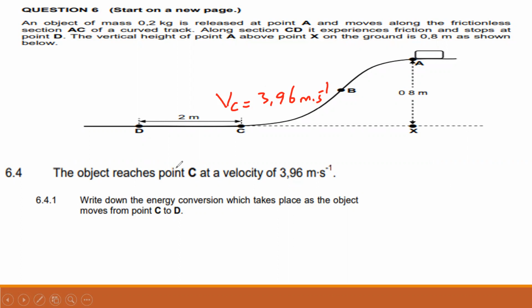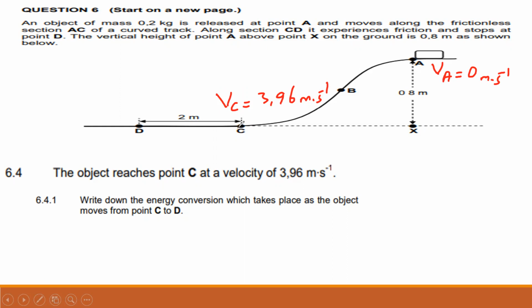We know velocity for C, 3,96 meters per second. It was 0 here. VA, do you remember? It was 0 meters per second. Now it is 3,96. For B, it was 3, and increasing and going down.